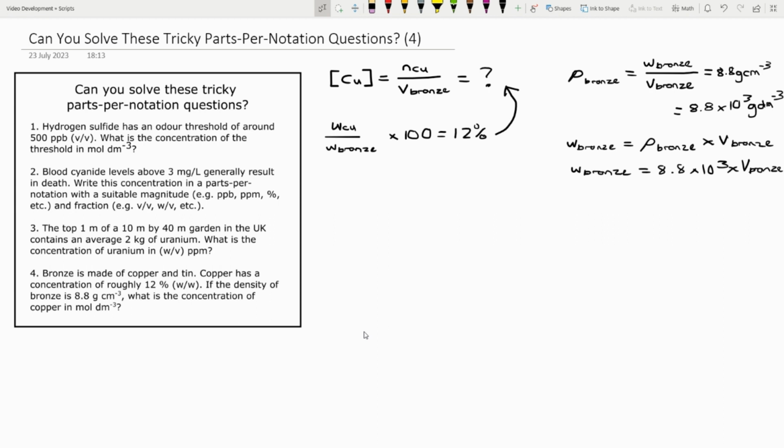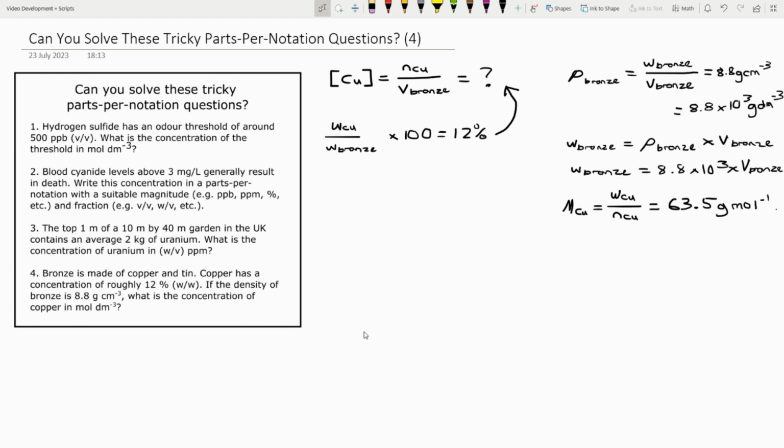Now, to go from the mass of copper to the moles of copper, we use the molar mass of copper. The molar mass of copper is equal to the mass of copper divided by the moles of copper, and this is equal to 63.5 grams per mole.